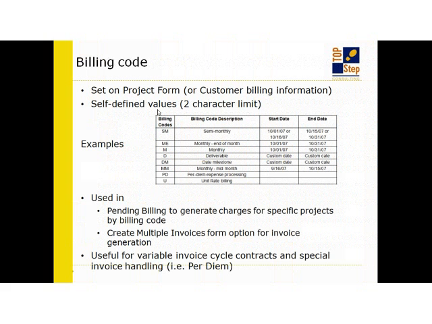So what is a billing code? A billing code is a self-defined up to 2-character item where you can tag a project as a certain type of invoicing pattern. And why am I saying it that way? It's meant to be something completely definable by your organization and your needs.